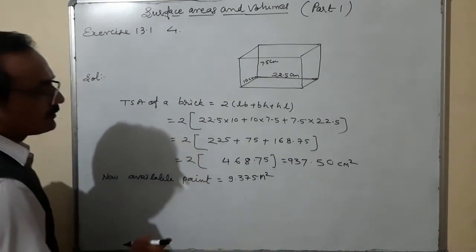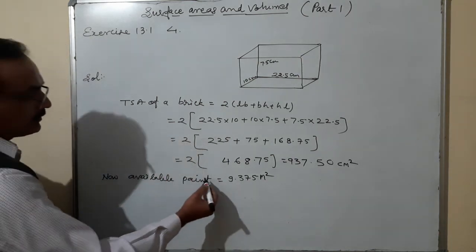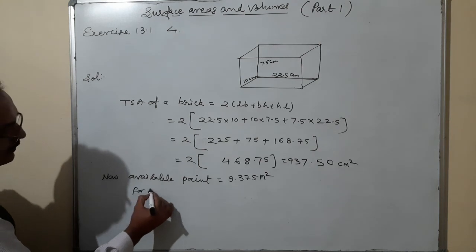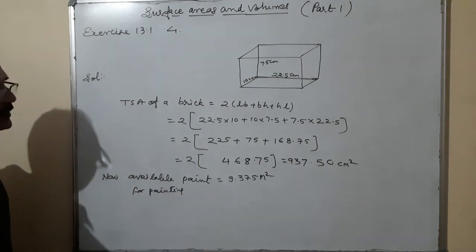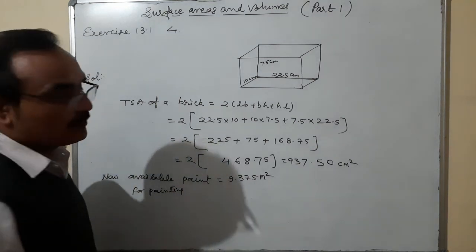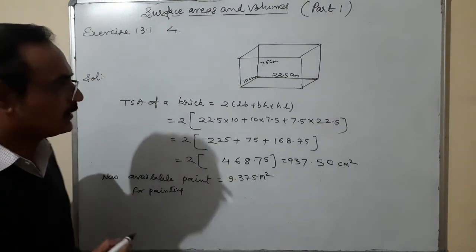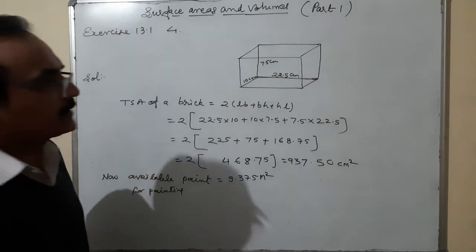Available paint for painting is 9.375 meter square area. Okay. Now we are going to find how many bricks.